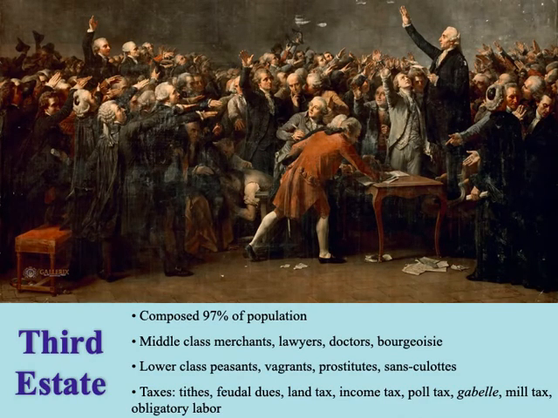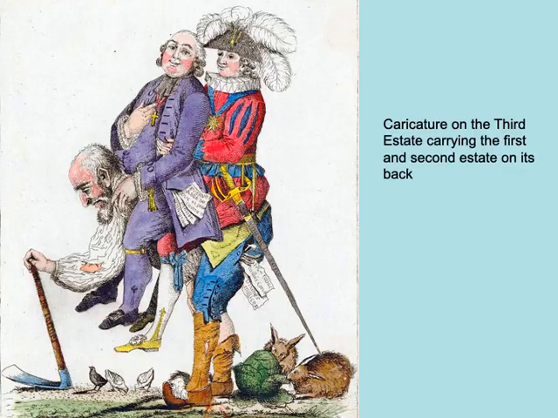In other words, you would work for perhaps 5 days a week in your own fields, and then on the sixth day you would have to work for free in the fields of the nobility. Thus, we can see that on the back of the third estate, they are really carrying the other two estates, the clergy and the nobility, through this oppressive form of taxation.